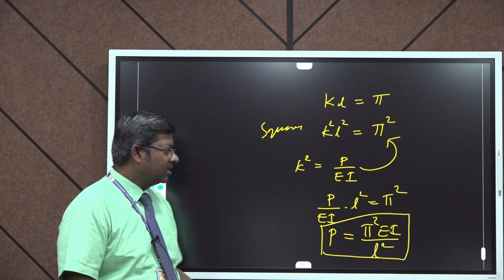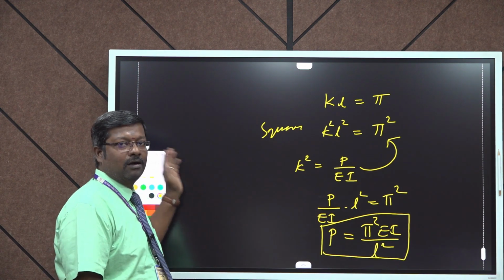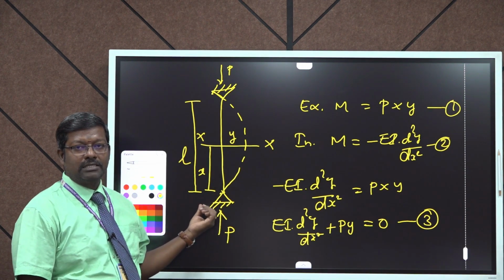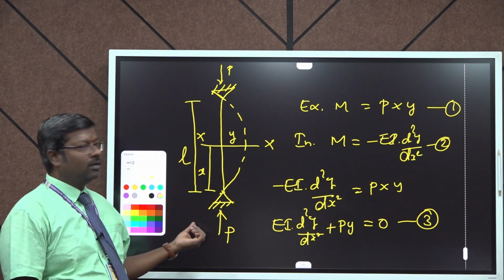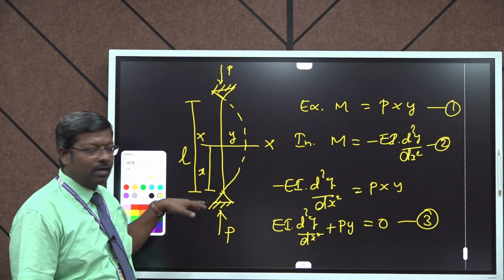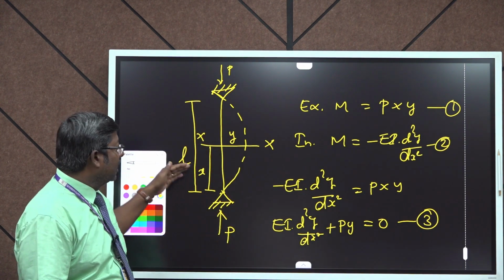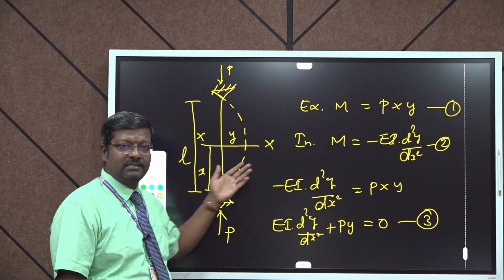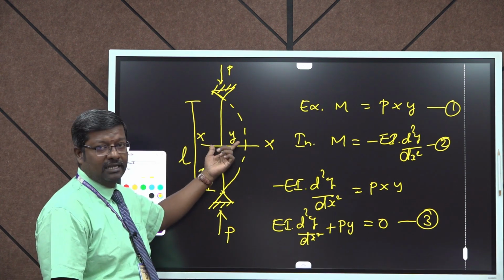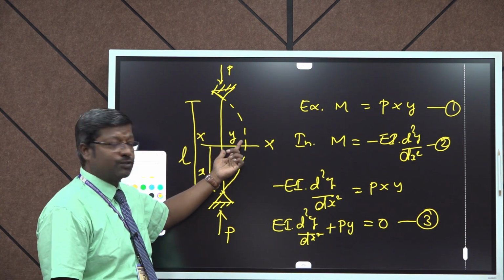Before concluding that, I am going to recall all the steps. Initially we have considered a long column subjected to axial compressive load. The column is hinged at both ends. The length of the column is taken as L, and we have considered a section xx at a distance small x from the bottom support, and the deflection at x is considered as small y.